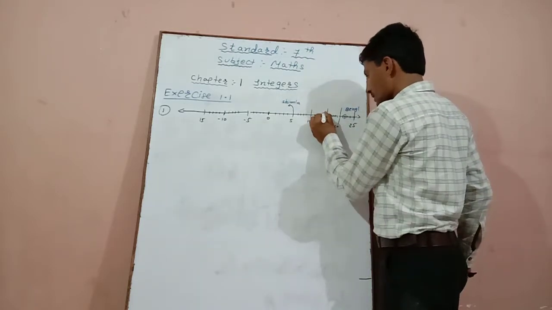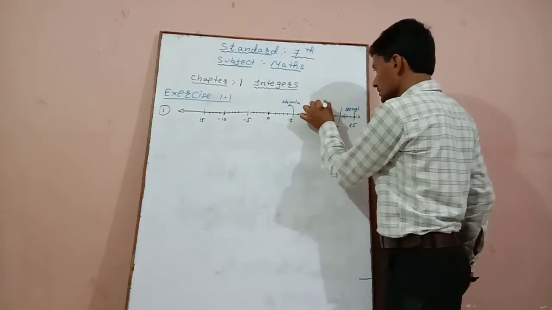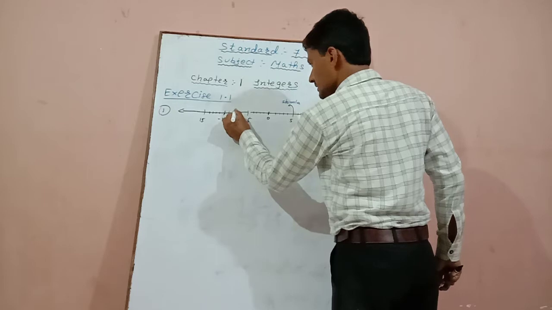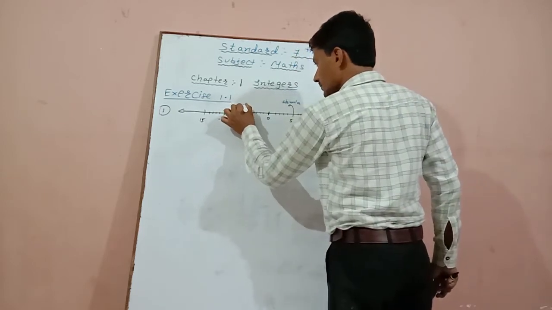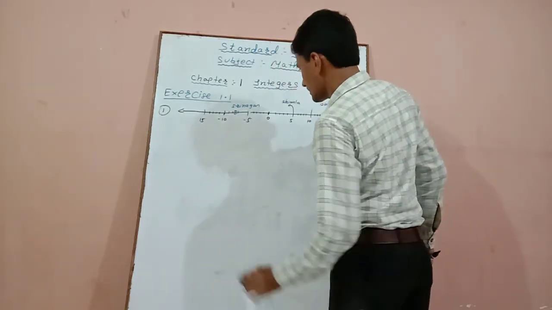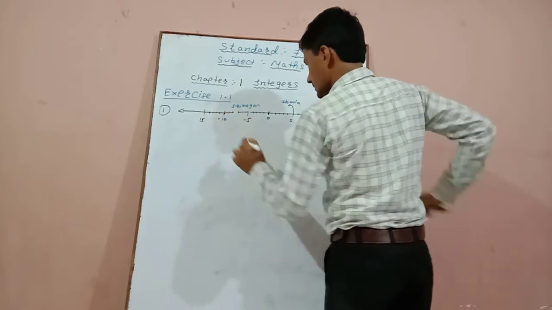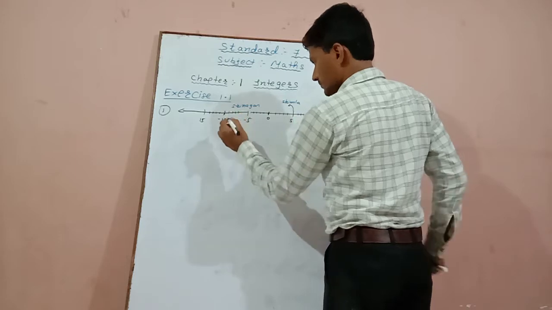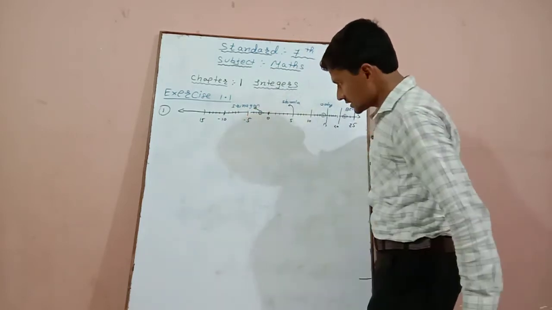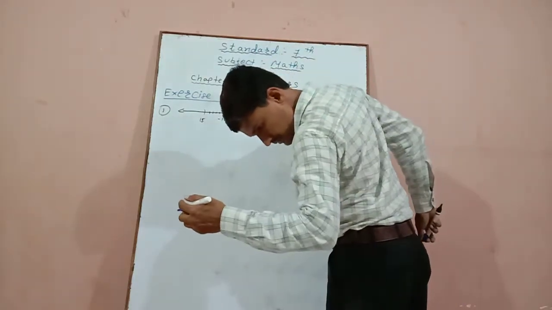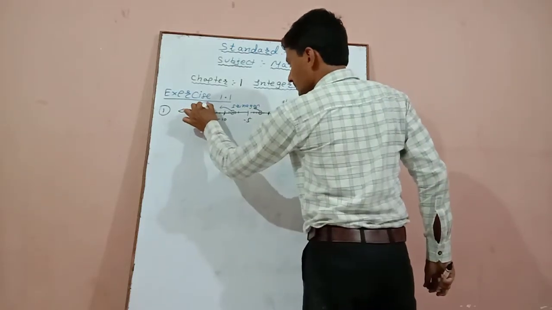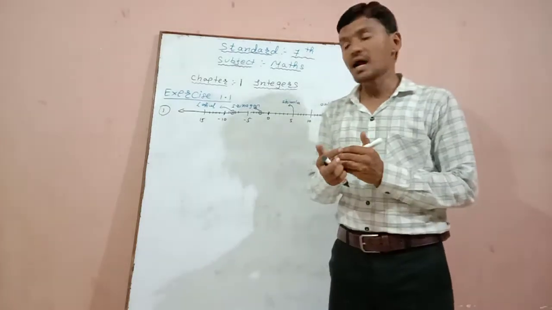One of the marks here is Srinagar, and the last one is Lahul Spiti. Okay, these are the 5 cities marked on the number line.